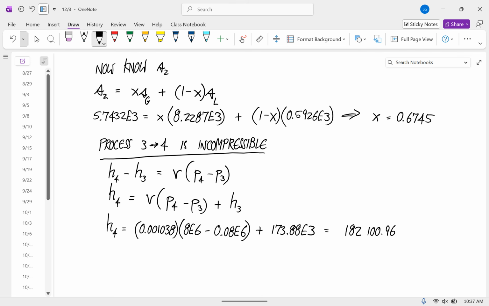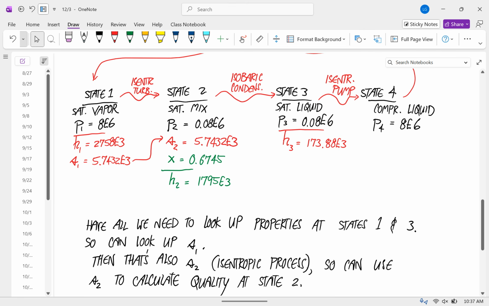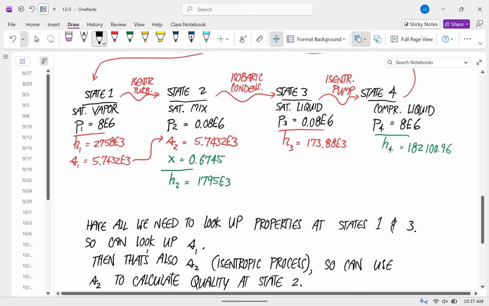So this is pretty close. And so then here we calculate this. H4 is equal to 182,100.96. Now we have all 4 of those enthalpies.